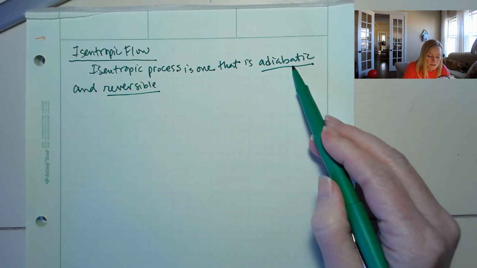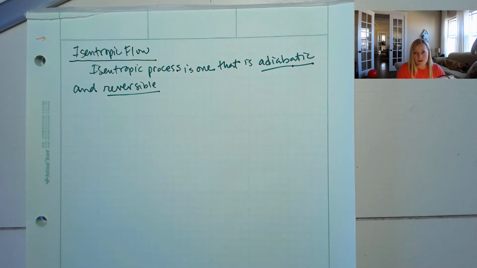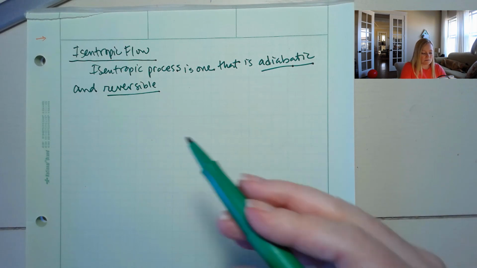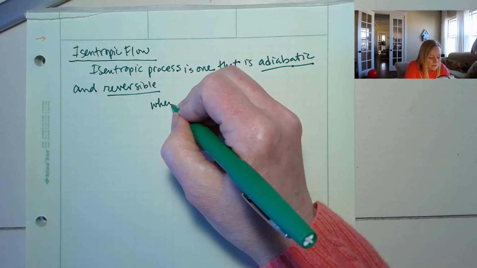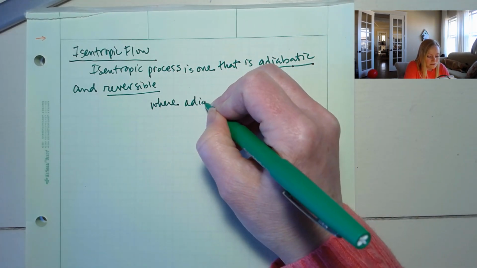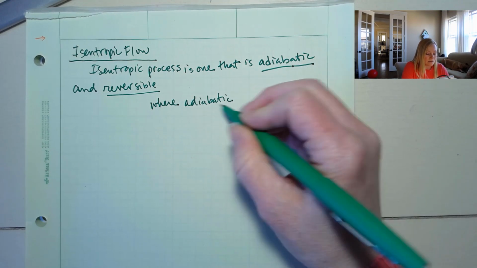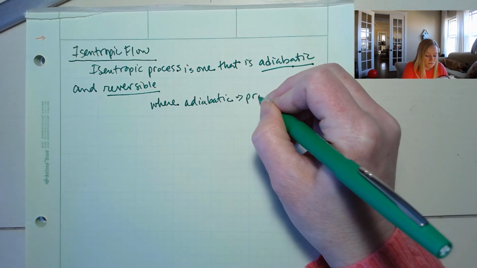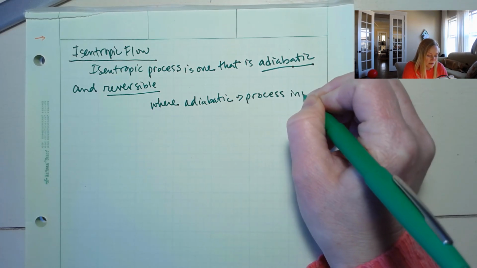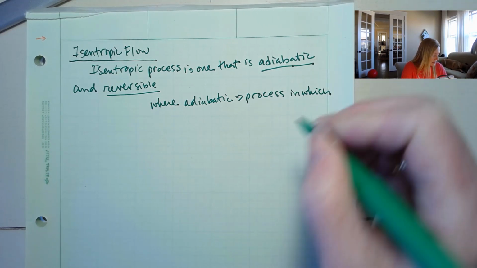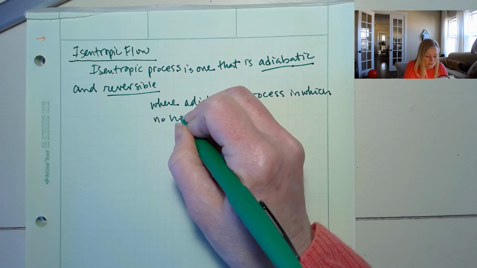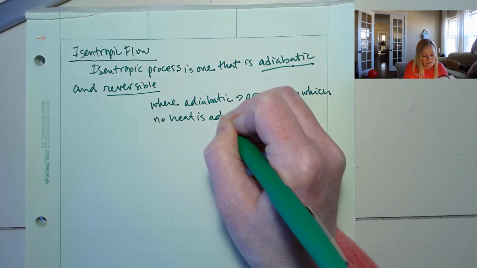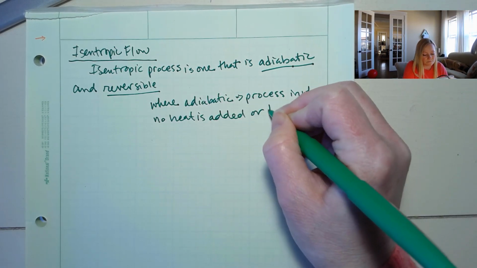So let's start with adiabatic. So when we say we have an adiabatic process, what does that mean? Do y'all remember back from thermodynamics? So when we say we have an adiabatic process, that means we got a process in which no heat is added or taken away.